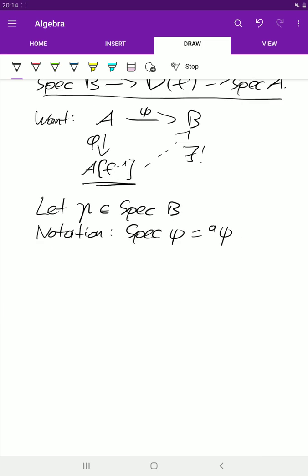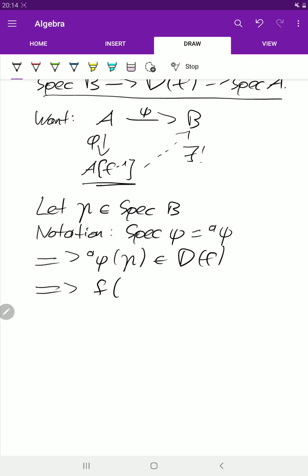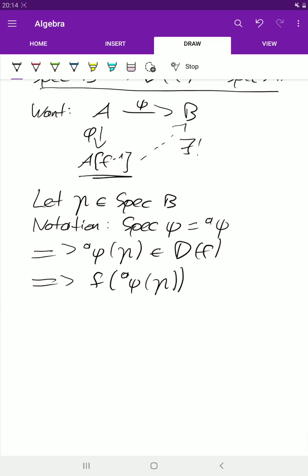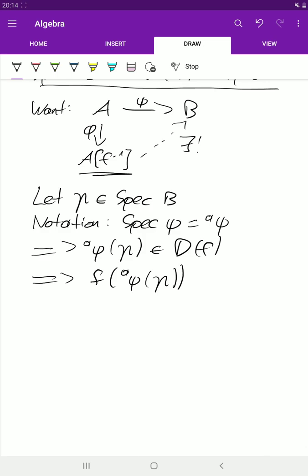Okay, so we have this P in the spectrum of B, and then we have A psi of P is in D(F). Well, that's just the assumption. So now let's apply F to this, in the usual sense. We look at it modulo the prime ideal, so F modulo the prime ideal, and I claim that this is not 0.